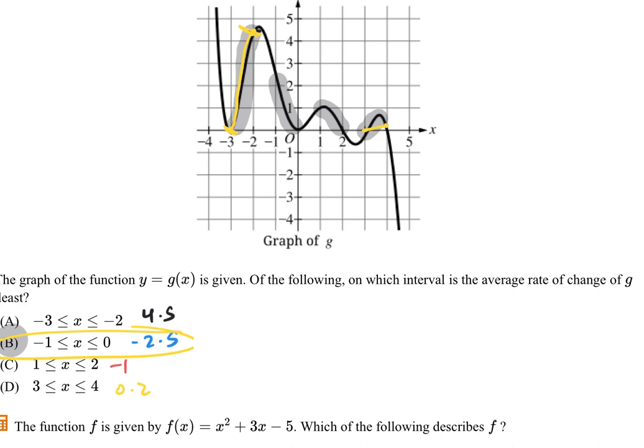Increasing points is your graph going up. Decreasing points is your graph going down. Increasing rate of change is concave up. Decreasing rate of change is concave down. So the difference is, are we talking about the actual point values, or the rate of change of those point values? Those are two different things.